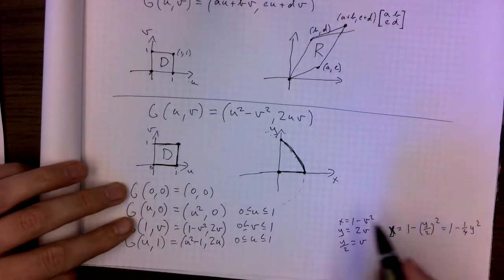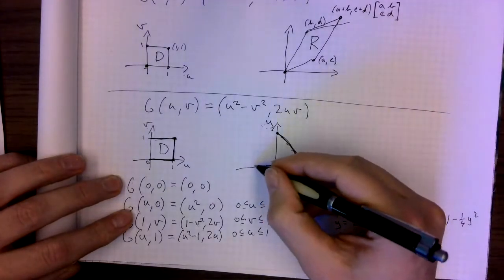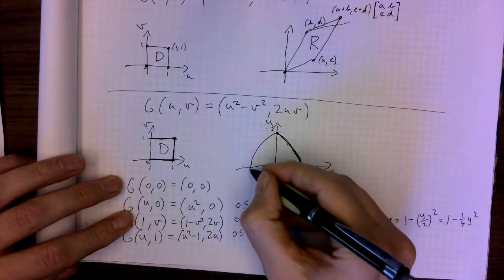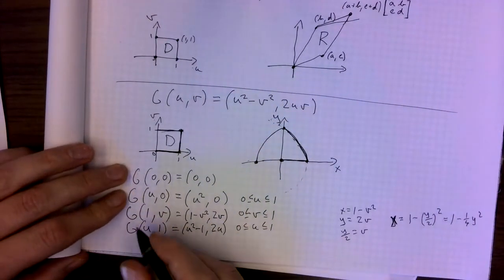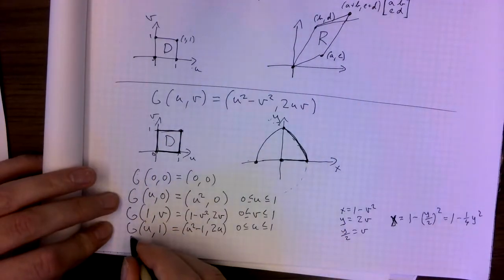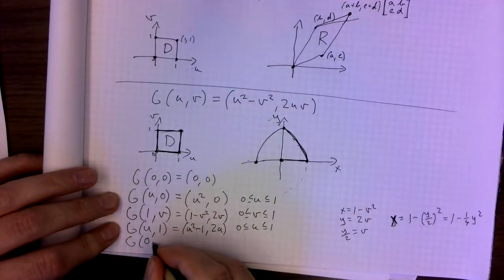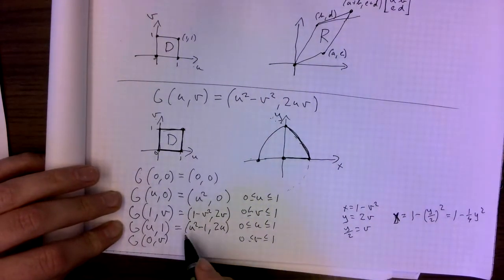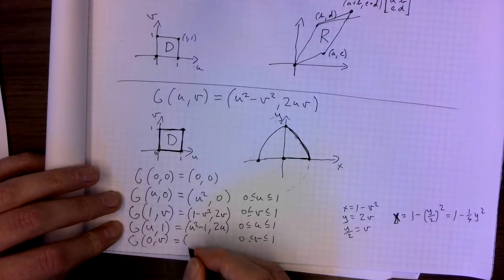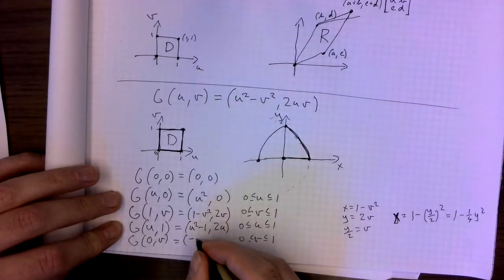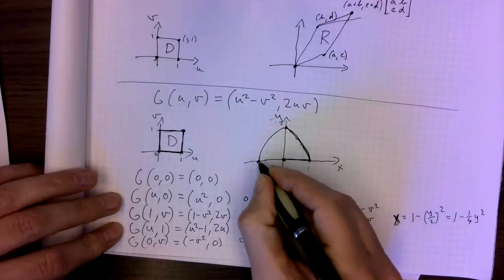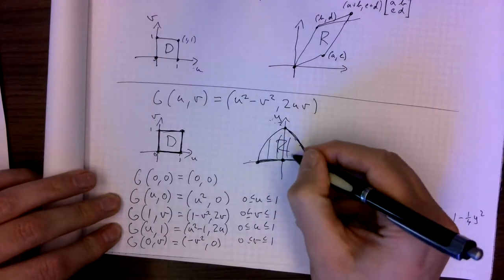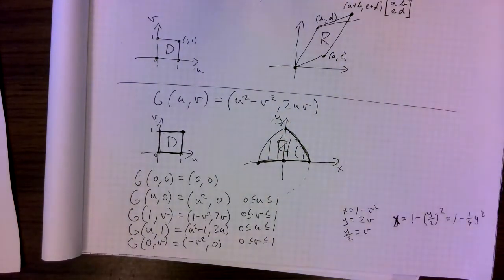You can do a similar analysis as over here, and you'll get that it's this bit right over here. And then finally we look at this guy. This is when U is 0 and V is between 0 and 1. When U is 0, I have minus V squared, 0. So it's this guy over here. So this is my R, this region right over here.